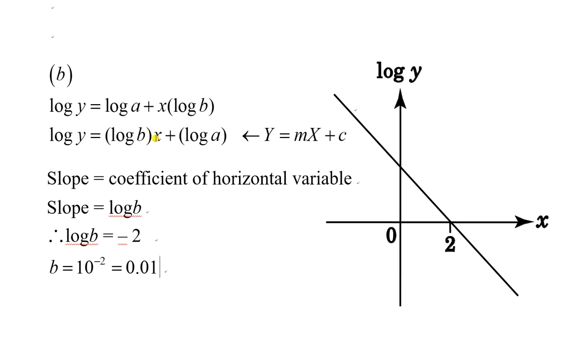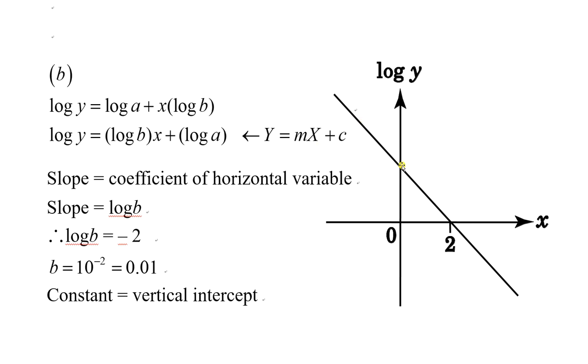But the problem is, the question did not give you any vertical intercept. The constant would be the vertical intercept, not just the y-intercept, but the vertical intercept. But unluckily, we did not know this position so far.